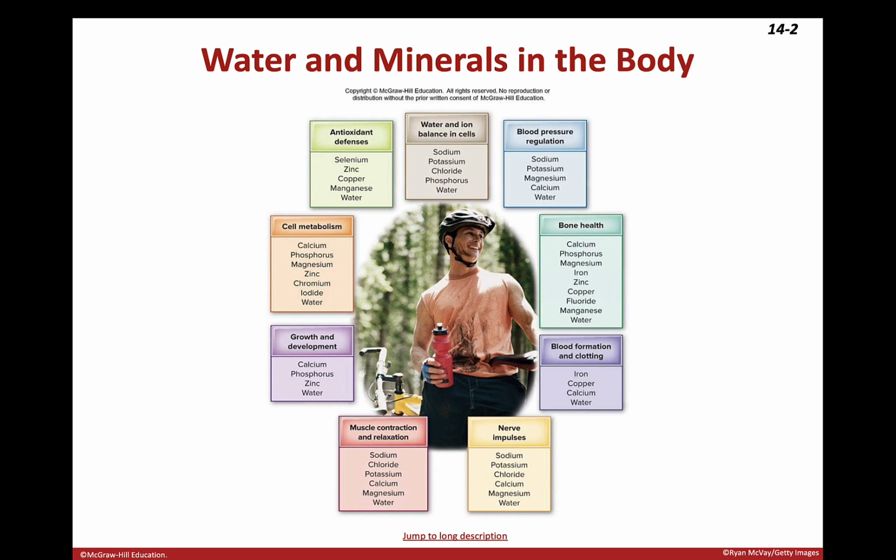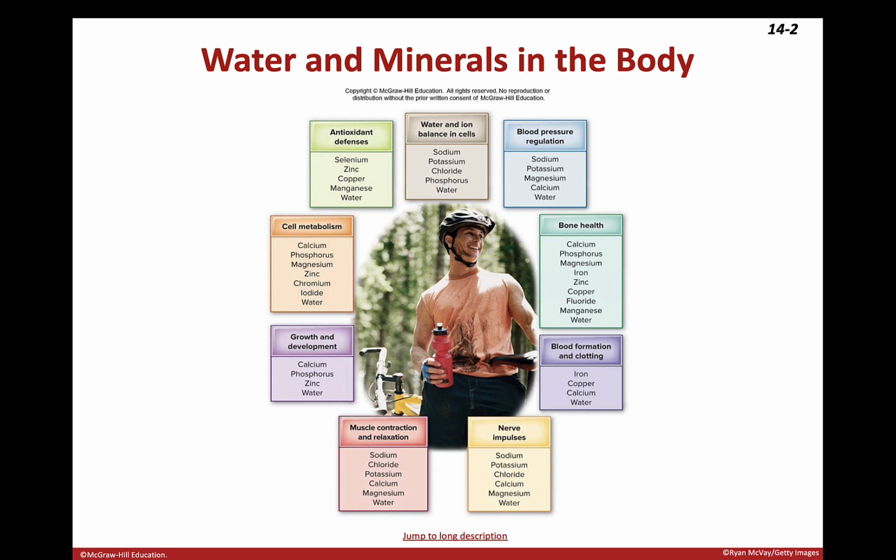This first slide here is showing us overall the relationship between water and minerals within our body and all the various functions. As we can see here, it should be pretty obvious that water and minerals are required for every single one of these functions. If we are talking about water and ion balance in cells, the regulation of blood pressure, bone health, blood clotting, nerve impulses, muscle contraction and relaxation, growth and development, cell metabolism, and last but not least, antioxidant defenses.